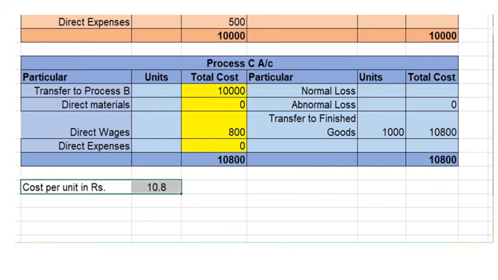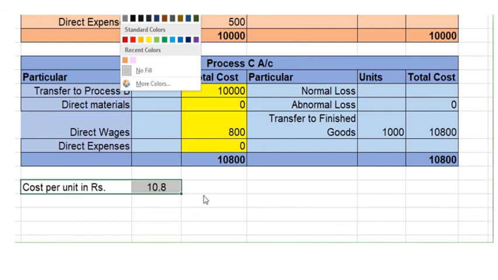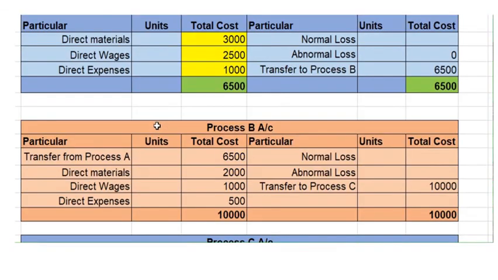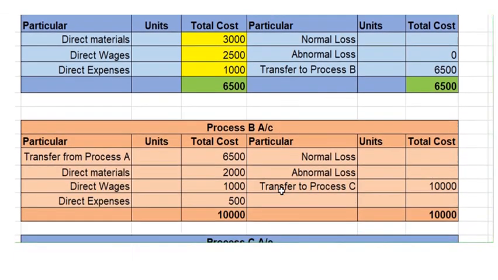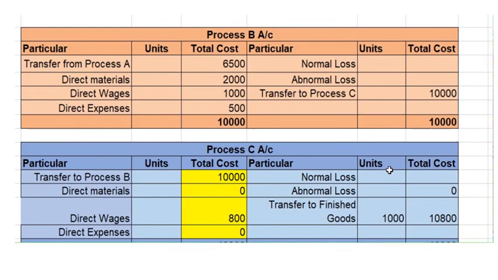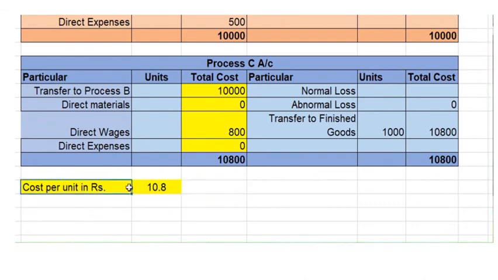So we have done all the steps now. We have prepared the T account for process A, entered the values, and since normal and abnormal losses are not there, we have put the values accordingly. Then we prepared the T account for process B by transferring the materials to process B, then process C, and finally the cost per unit.